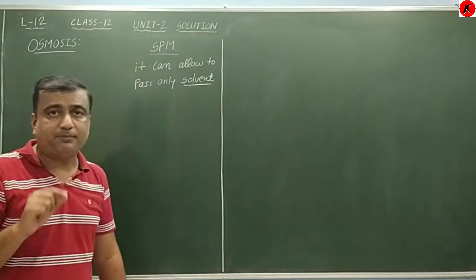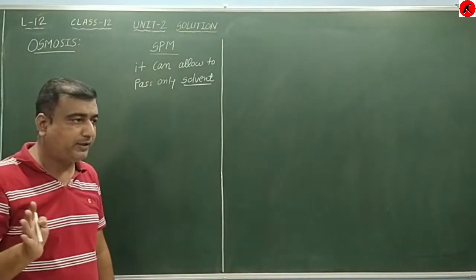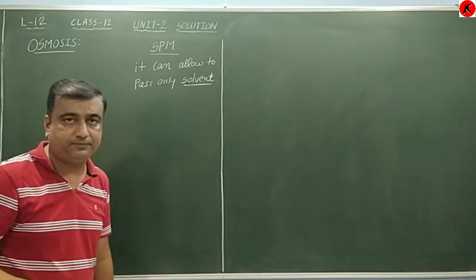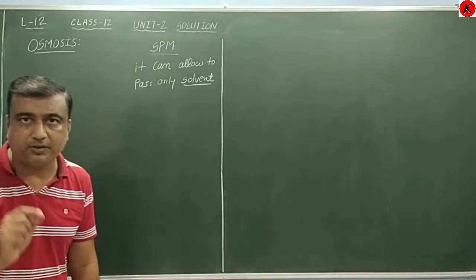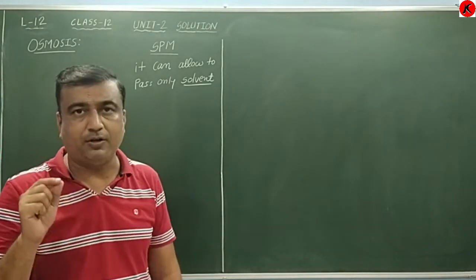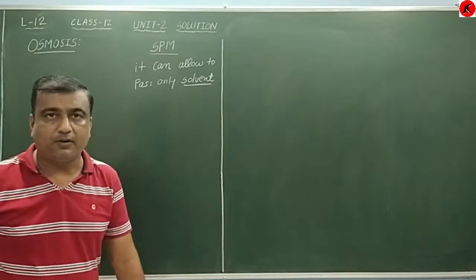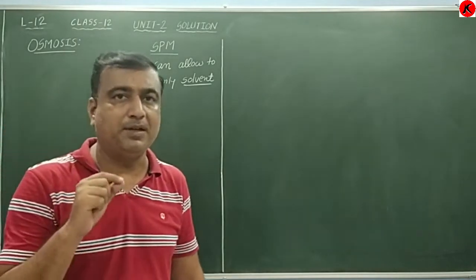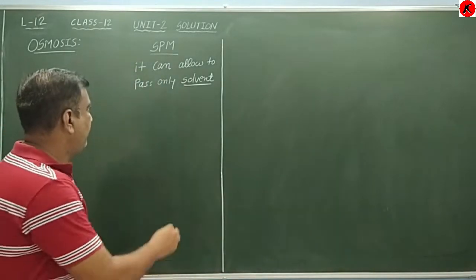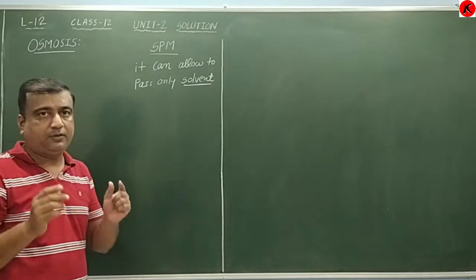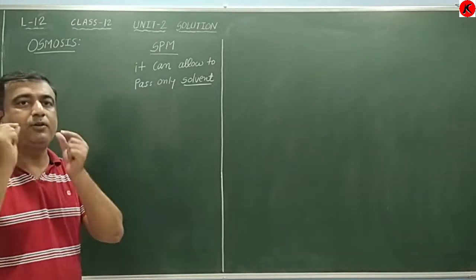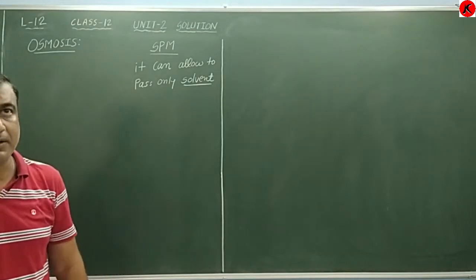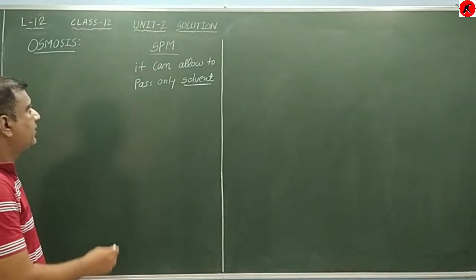Remember, in SPM only solvent molecules can pass through it. It does not allow solute molecules to pass because solute molecules have a bigger size. Remember the characteristic: only solvent molecules will pass through a semi-permeable membrane.